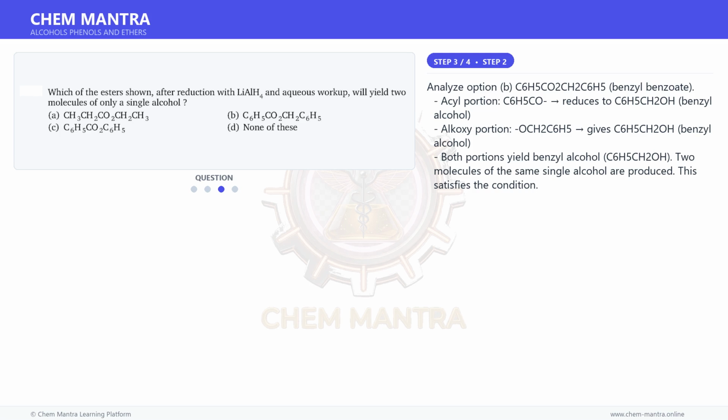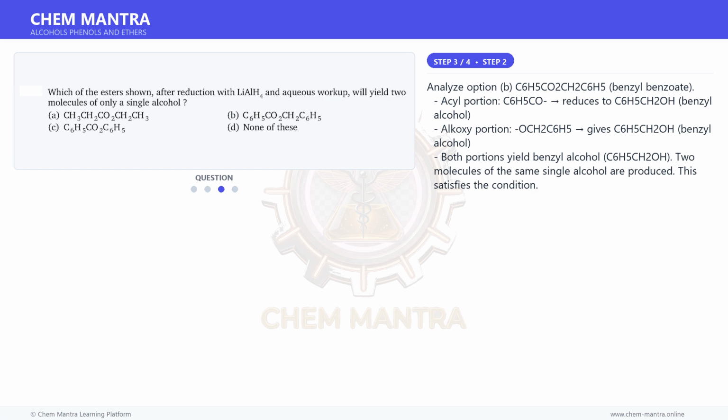Analyze option B, C6H5CO-OCH2C6H5, benzyl benzoate. Acyl portion, C6H5CO reduces to C6H5CH2OH, benzyl alcohol. Alkoxy portion, OCH2C6H5 gives C6H5CH2OH, benzyl alcohol.